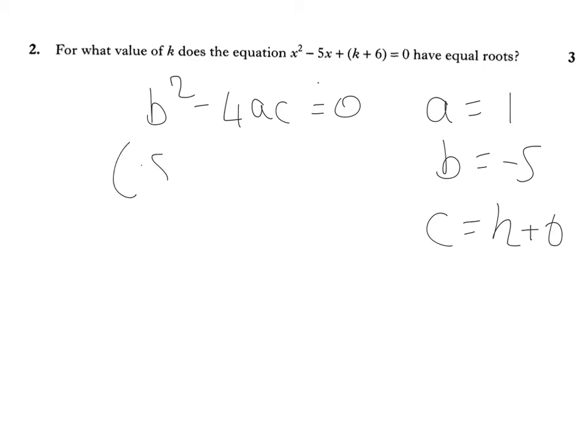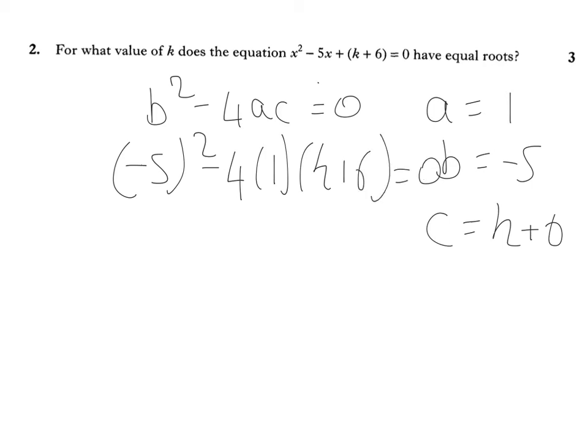So minus 5 squared minus 4 times a, which is 1, times c, which is k plus 6, is equal to 0. Minus 5 squared is 25, and minus 4 bracket k plus 6 is equal to 0.